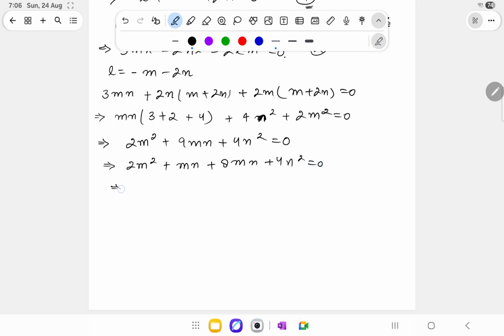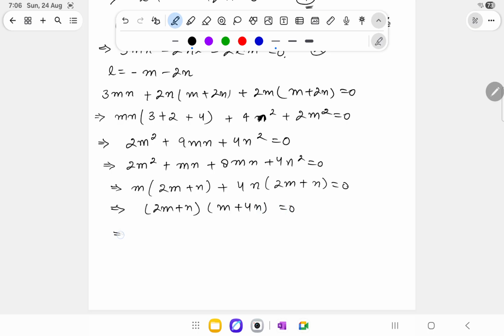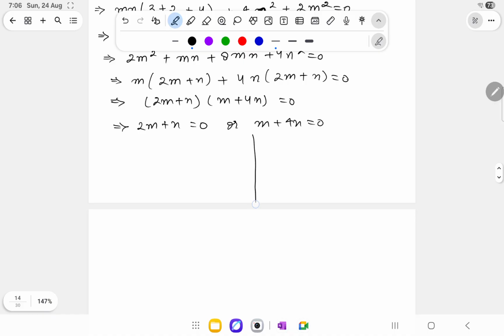And I can write it as, I'll take m as common, so I'll get m into (2m plus n), and from here I'll take 4n as common, so 4n into (2m plus n) equals to 0. So I'll get (2m plus n) into (m plus 4n) equals to 0. So from here I'll get either 2m plus n equals to 0 or m plus 4n equals to 0. So there arise two cases.